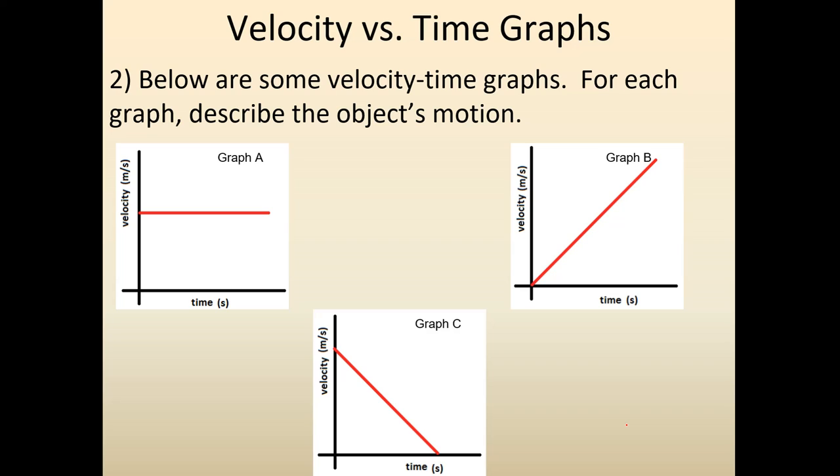All right, so for graph A, it starts at some velocity and it remains at that velocity this entire time. So this is an object that is moving with a constant speed.